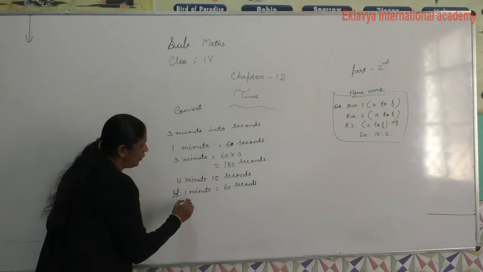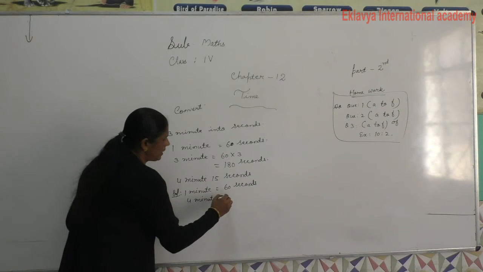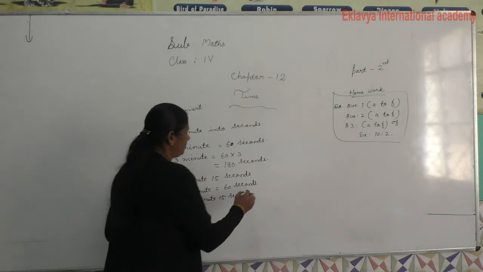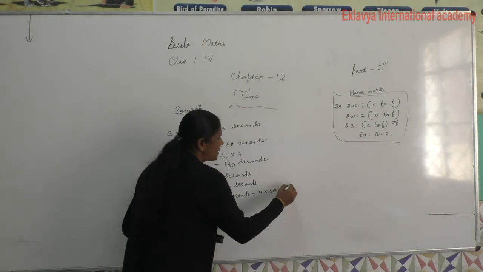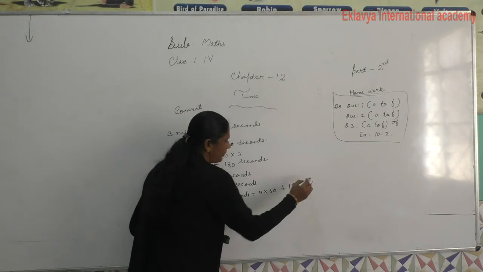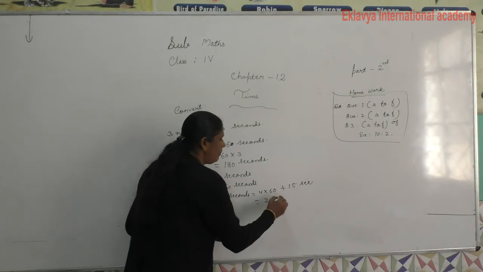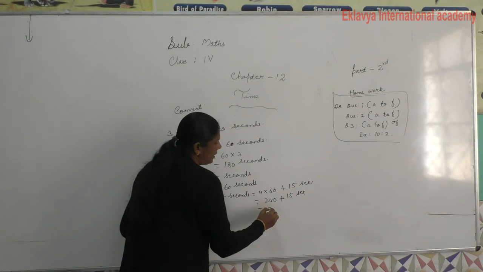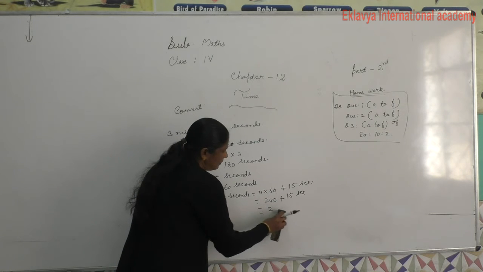Then 4 minutes 15 seconds is equal to 4 multiplied by 60 plus 15 seconds. Then 240 plus 15, that is 255 seconds.